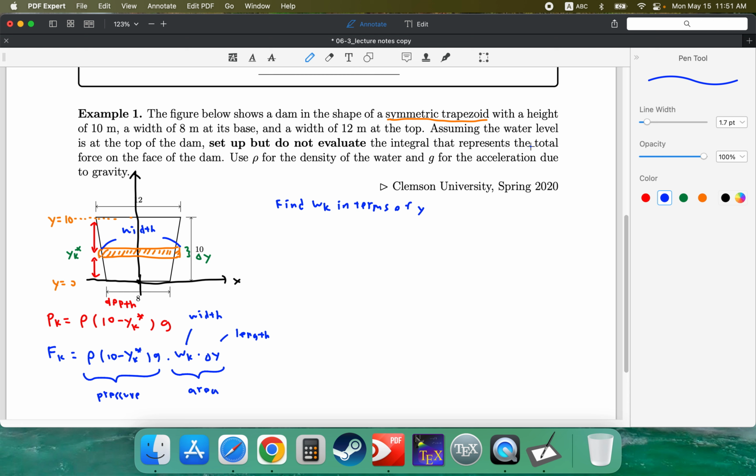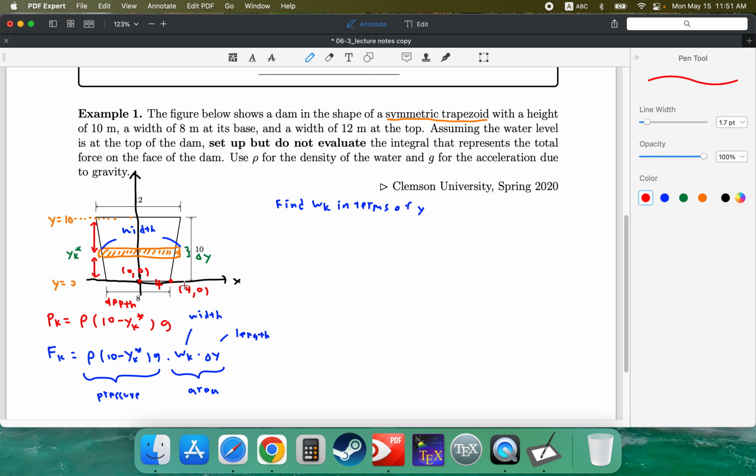There are several ways to do this. Right here, let me provide one of the ways. Notice that previously we put the origin right here, so this point is 0, 0, the origin. And since the base length is 8, that means this distance is 4. That gives me this point 4, 0.